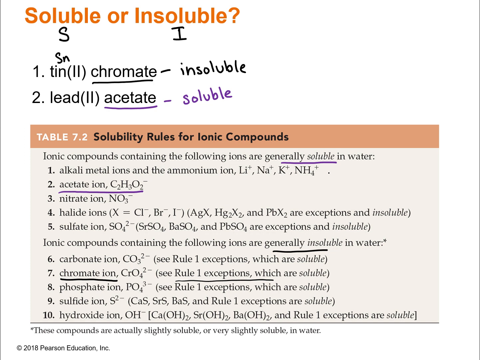We check Rule 1. We don't have any of those ions. We have tin 2+. That means that tin 2 chromate is going to be insoluble. If it were lithium chromate or sodium chromate, it would be soluble, but it's not. Everything outside of that is going to be insoluble.